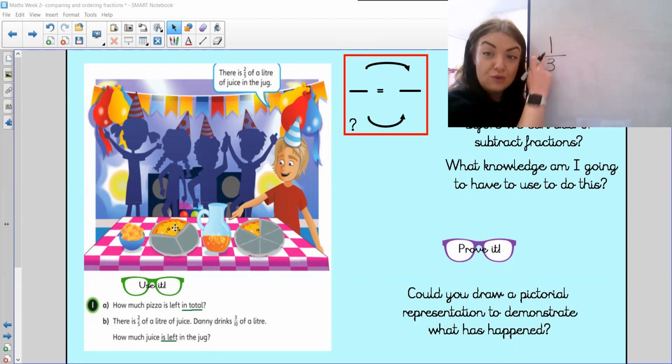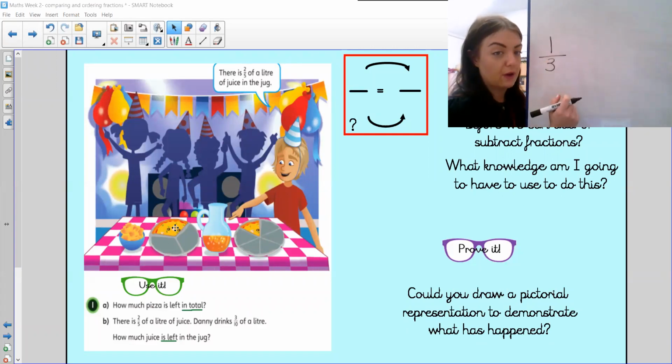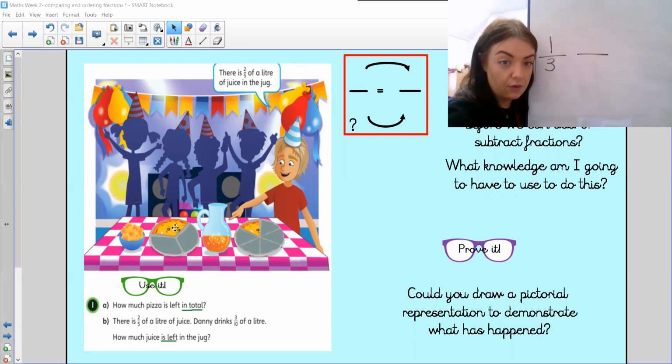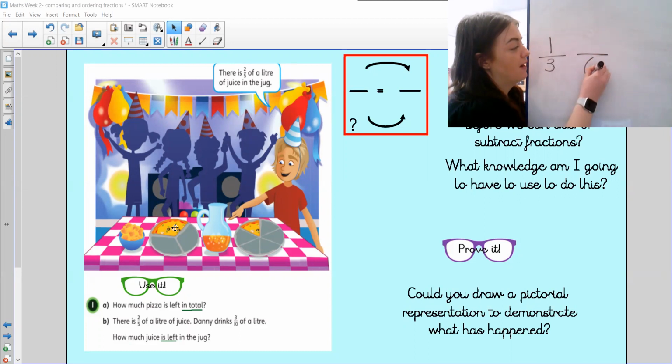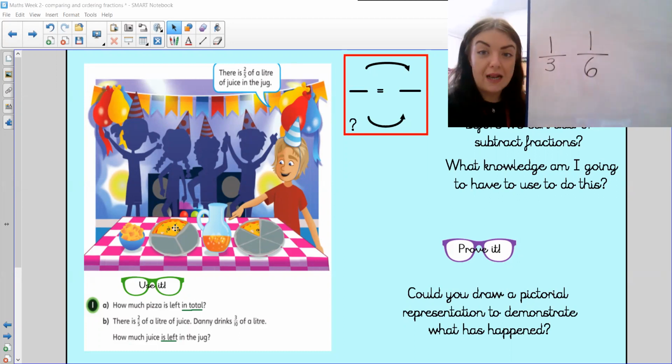I'm using my knowledge of the numerator and the denominator there. So there were 3 pieces that it was cut into, and I have 1 of them left. Okay. The other pizza, let's see how many slices that one was cut into. 1, 2, 3, 4, 5, 6. So I know my denominator is 6. And again, I've got 1 of those left.